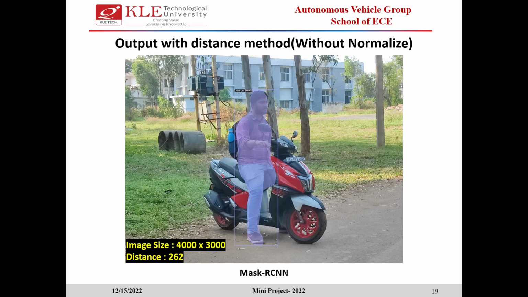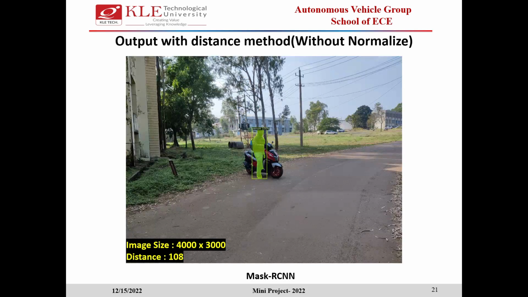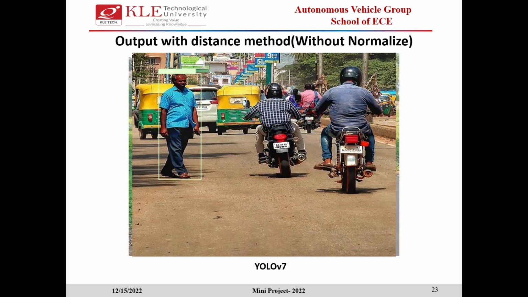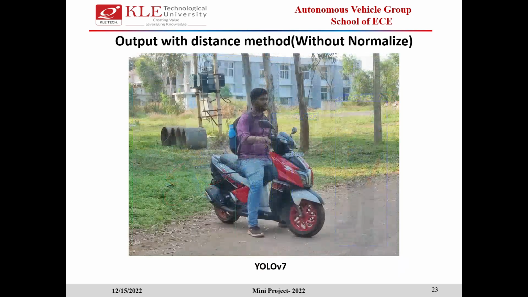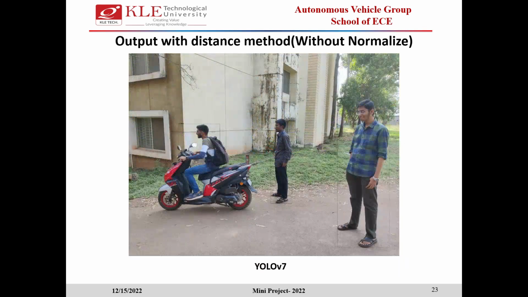Similarly, we have also inferenced with different camera angles and different distances between the camera and the object, as you can see here. These are some outputs of the distance method inferenced using YOLO V7.